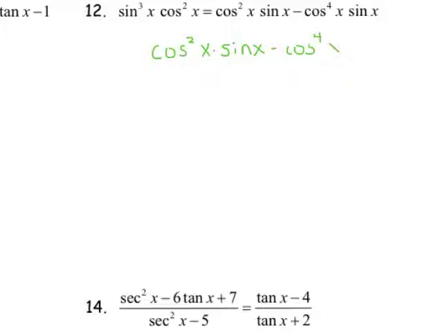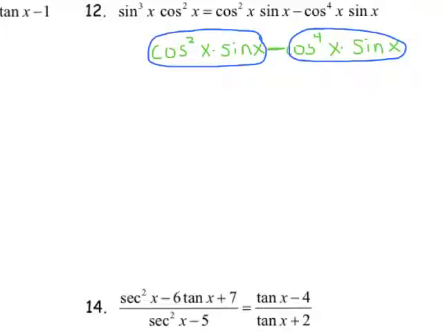Now this is a perfect greatest common factor problem because I've got cosine squared in one group, cosine to the 4th in the other group. I've also got sine in both groups. So when you're thinking about greatest common factor, you're looking at these groups and seeing what they both have.